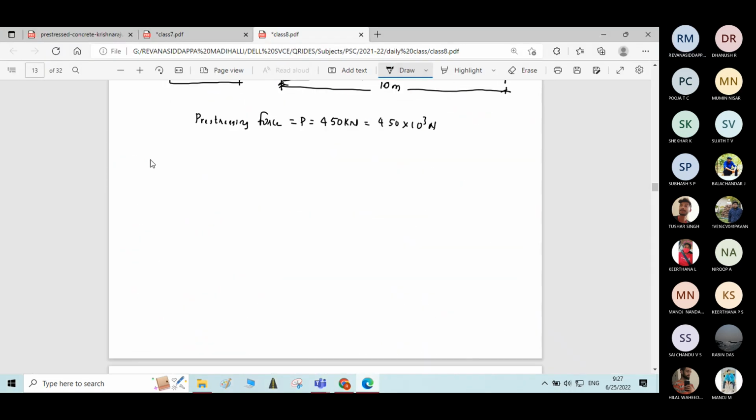We know that FV max, the maximum tensile stress, is equal to FC into 0.98 minus 0.825 YP naught divided by Y naught. This is the formula.